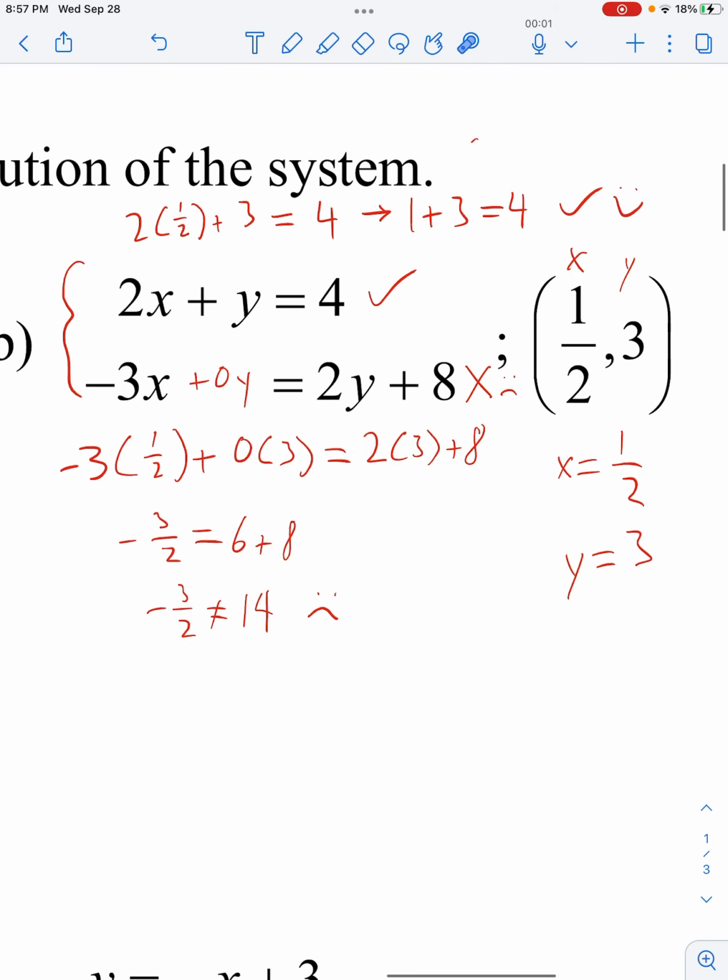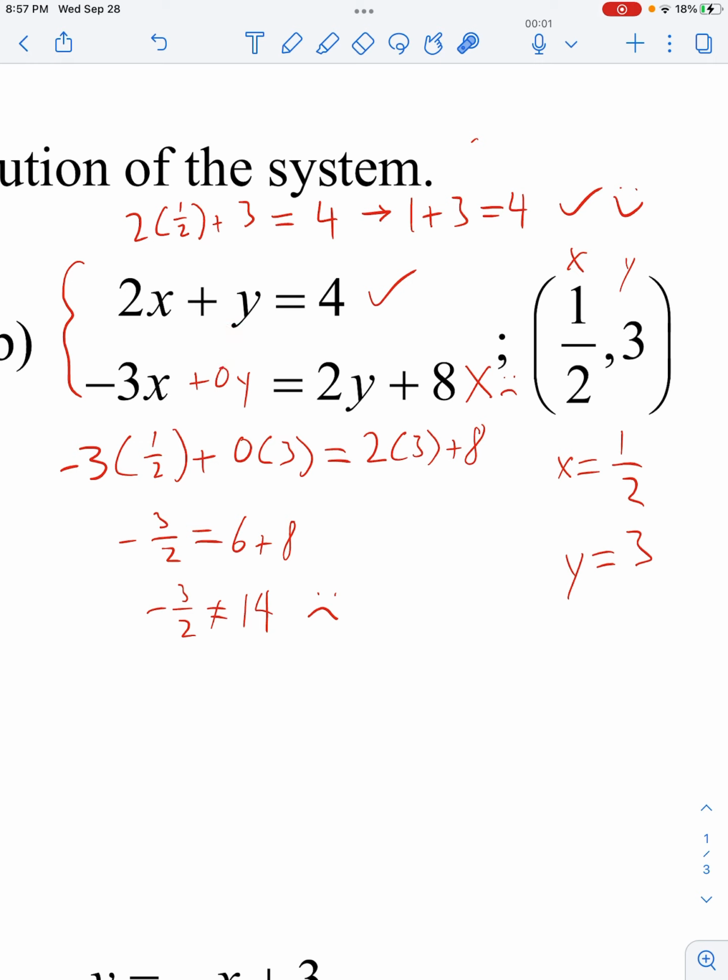Now remember, in order for us to say that this ordered pair is a solution of this system, the ordered pair has to be a solution to both these equations. It has to work when we plug it into both these equations.